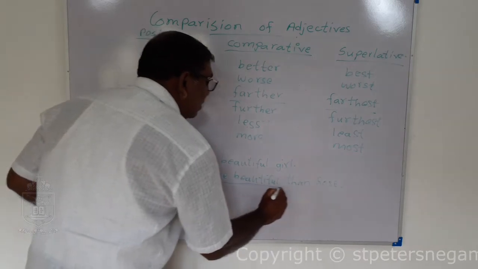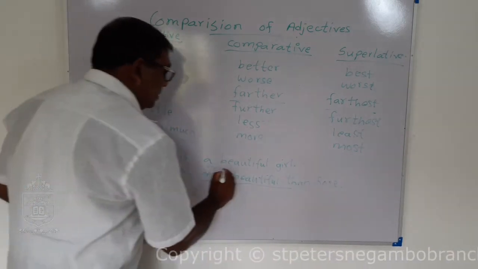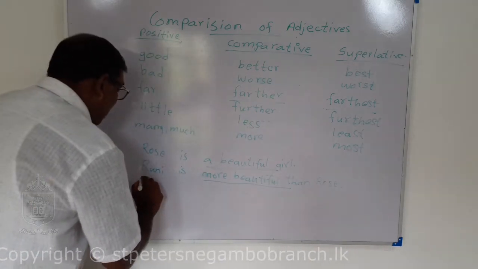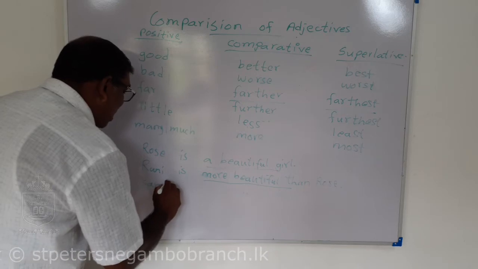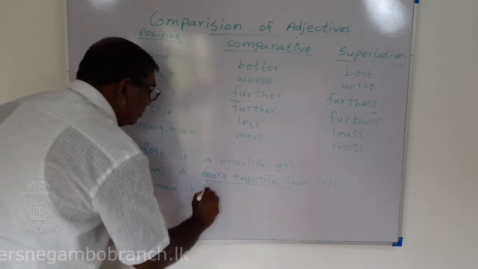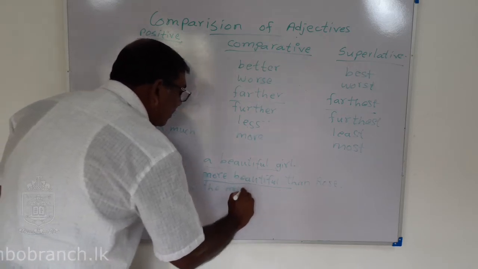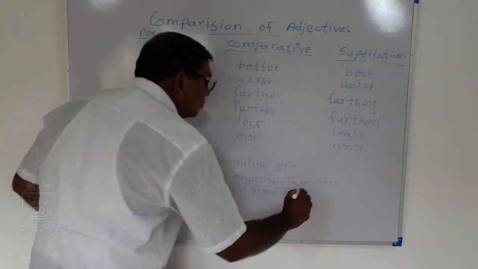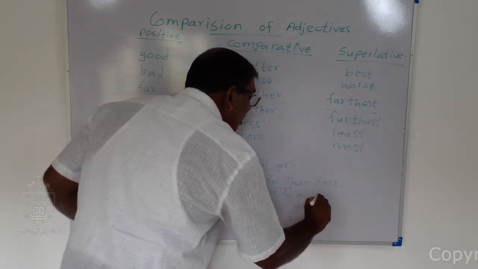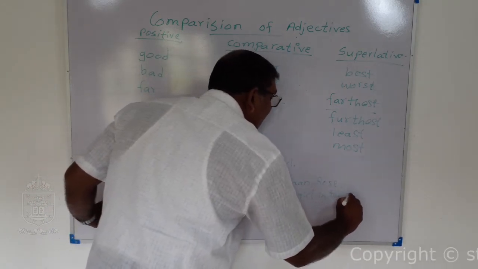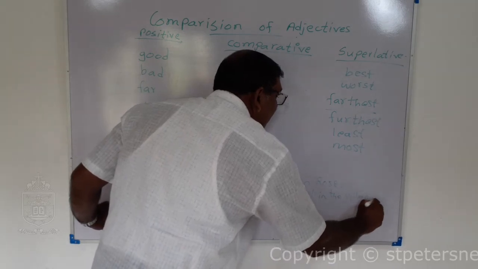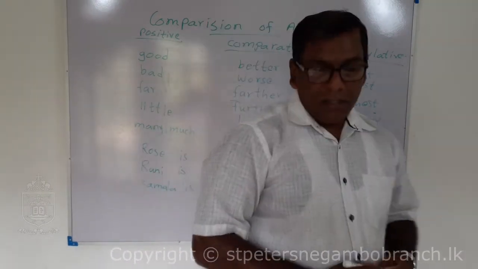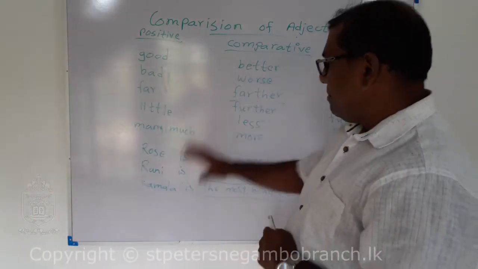So this is the comparative of the sentence. This is the adjective. Now we'll see the superlative. We say, Kamala is the most beautiful girl in the village. So this is the superlative form of the sentence. So remember it well.